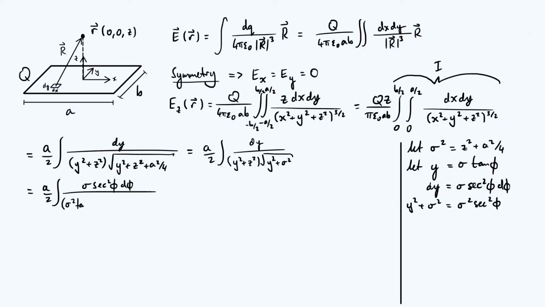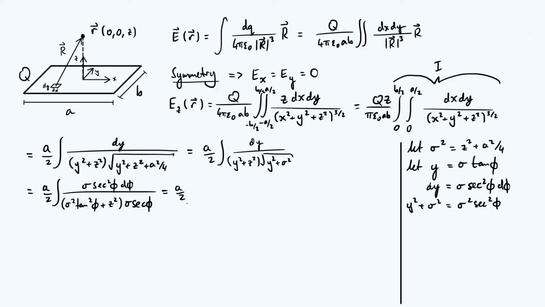So sigma squared tan squared phi plus z squared. Then we've got the square root of y squared plus sigma squared, which is the square root of, according to this identity down here, sigma squared sec squared phi, which is just sigma sec phi. So let me put that there. Sigma sec phi. And then at least some stuff cancels from both the top and the bottom.